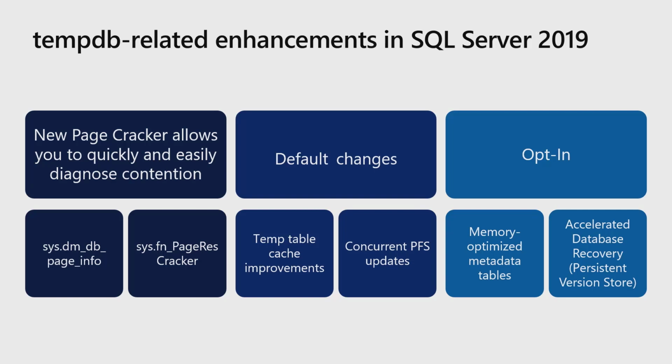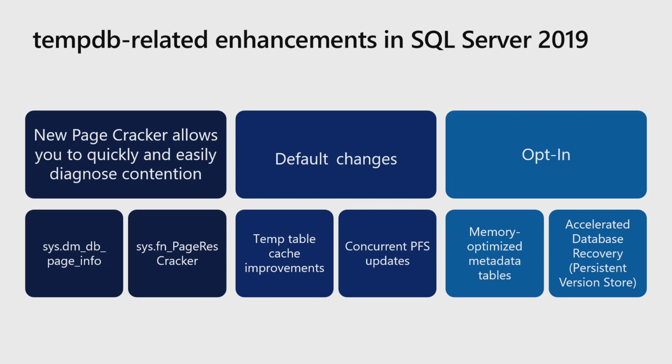Remember that tempdb is temporary. It's dropped and recreated every time you restart SQL Server. So there was no reason for the metadata to be durable, and we converted those 12 system tables that we talked about before that are involved in object tracking in tempdb into memory optimized non-durable tables.